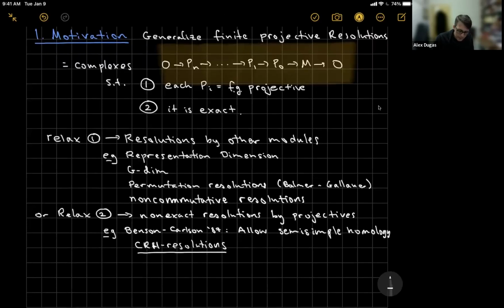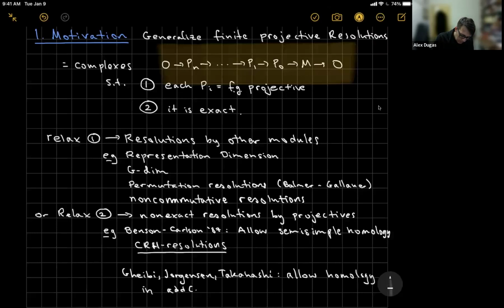And another more recent example is in the work of Gaby, David Jorgensen, and Takahashi. So they allow homology in add M, or the homology actually summands of copies of M, where M is still the module being resolved.